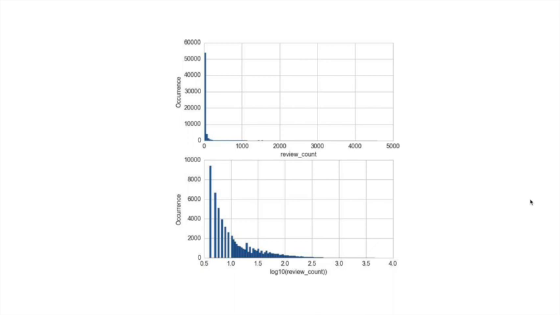The increased bin spacing in the bottom plot between the range 0.5 and 1 is due to there being only 10 possible integer counts between 1 and 10. And notice that the original review counts are very concentrated in the low count regions, with the outliers stretching out above 4,000. After log transformation, the histogram is less concentrated in the low end and more spread over the x-axis.